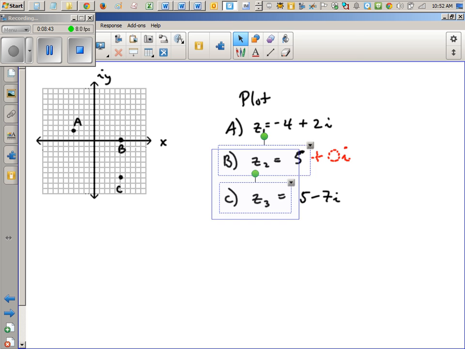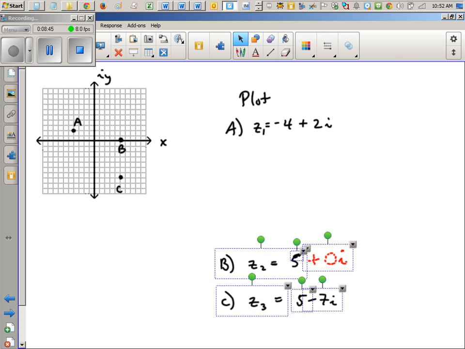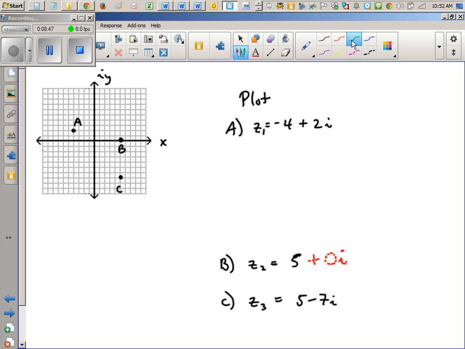Okay, so let me move these out of the way. Let's look at the first one. We're going to convert to polar form. Right now what you've been given is the rectangular form, and we're going to try to convert it to the polar form. How do you do that? Well, let's do point A first.